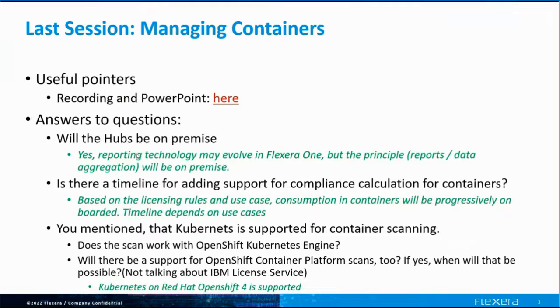The web reports, everything will still be here, including these hubs. But we can expect that new ways of building reports will happen in the future, and this part may evolve in a different way between the cloud customers and the on-premise.